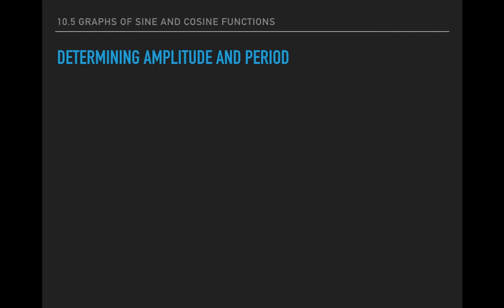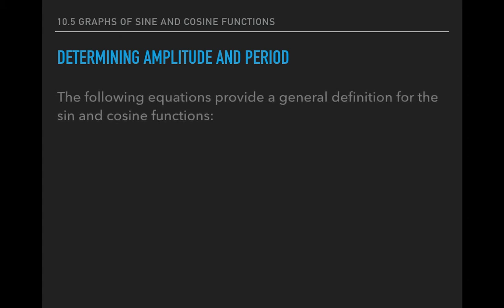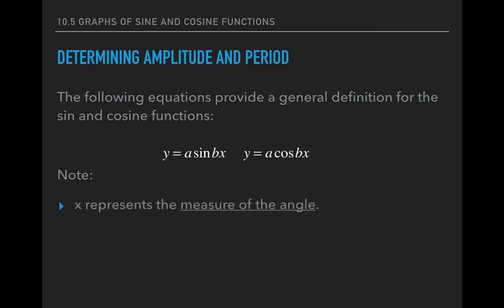Let's talk about how you would determine amplitude and period for a function. These are the general definitions for sine and cosine, where you could have different values of a and b. The only specification is b has to be a positive number. Remember, x represents the measure of the angle.